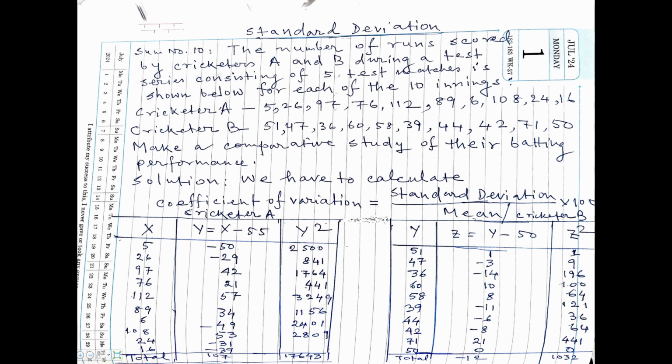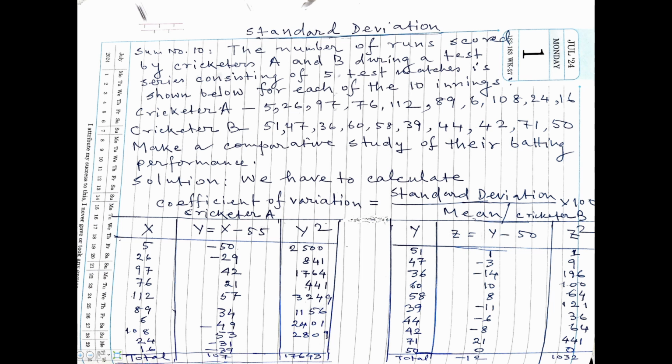Like second row, when X is equal to 26, Y is equal to X minus 55, that is minus 29, and Y square is minus 29 square, 841. Similarly, for the third row, when X is equal to 97, Y is equal to 97 minus 55, which is 42, and 42 square is equal to 1764.